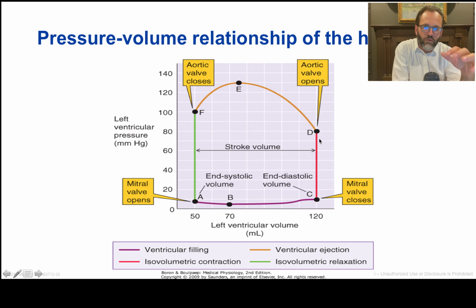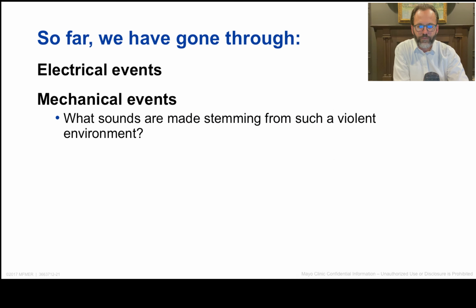So you should be able to readily identify the points at which each valve is opening and closing, where we have isovolumetric relaxation and isovolumetric contraction, and how these points on this pressure-volume relationship relate to the points we highlighted in the Wiggers diagram as well.